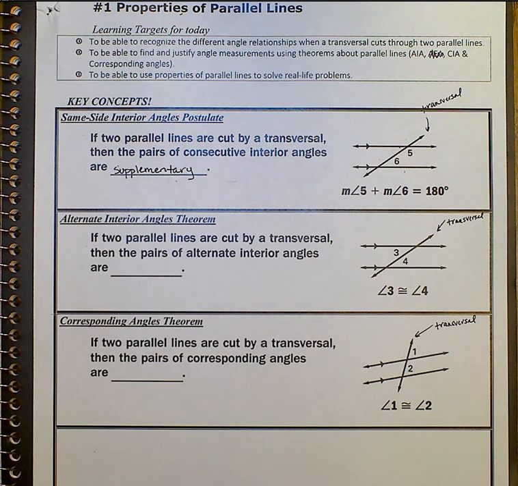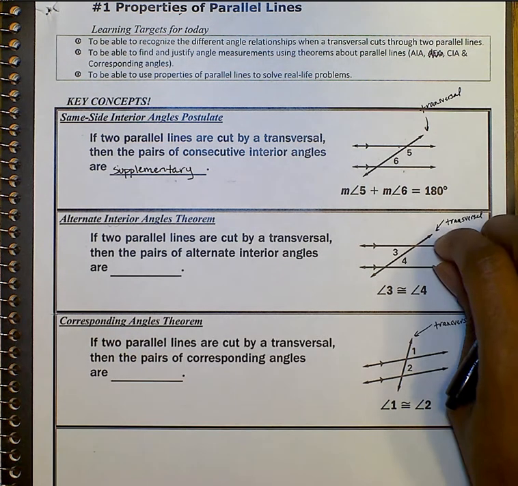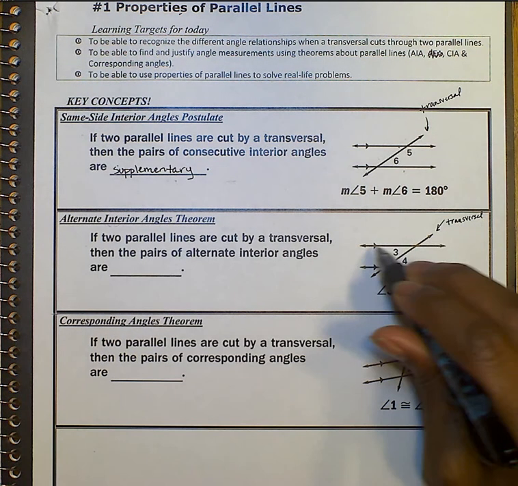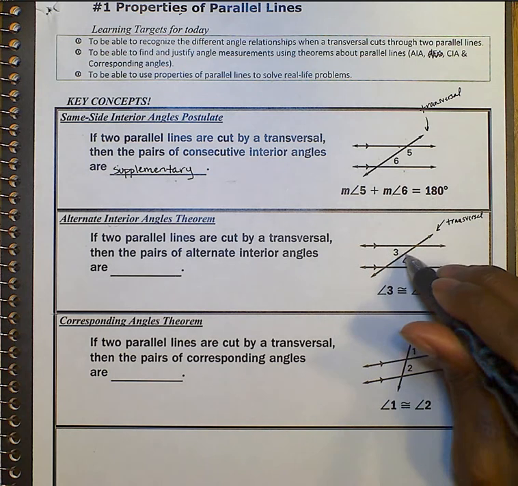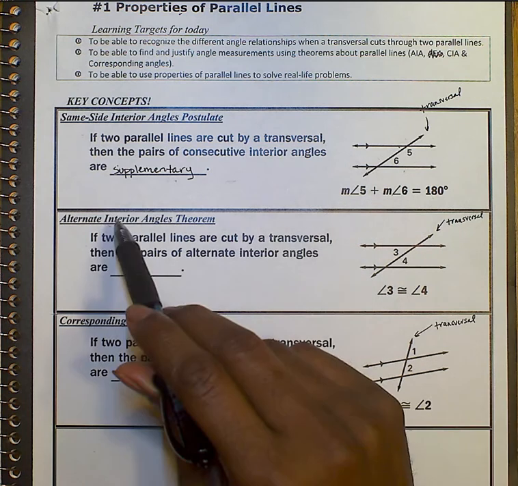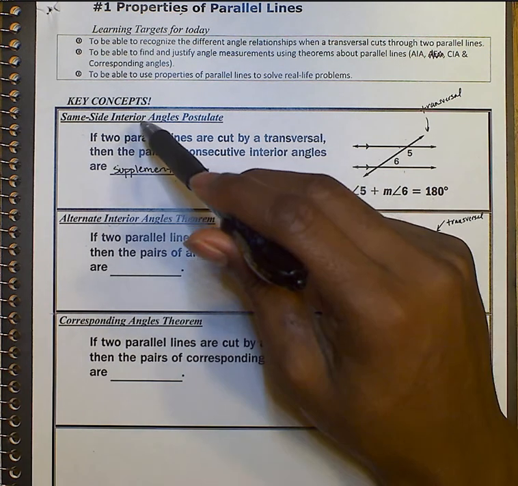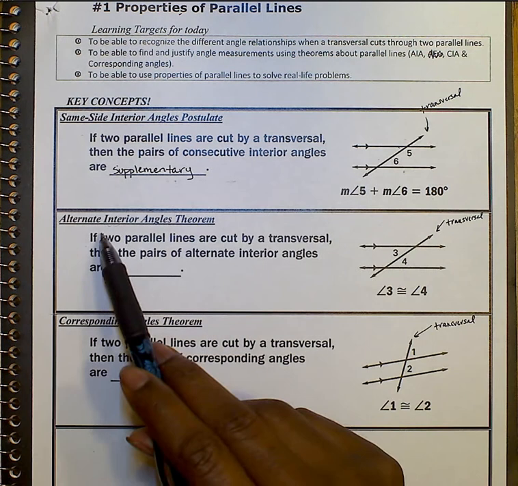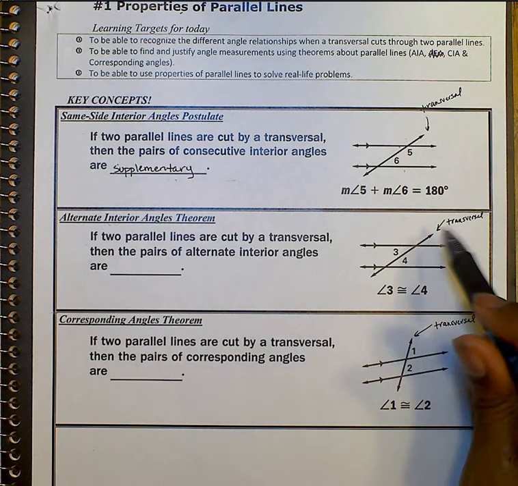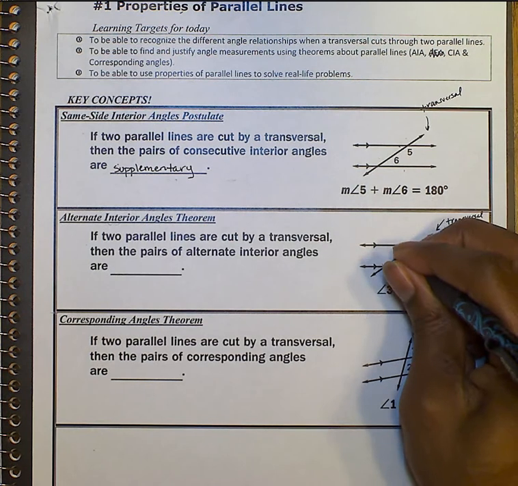Alternate interior angles. Again, this interior is referring to the parallel lines that we're dealing with. Okay, so you have two parallel lines, inside, interior, and then alternate means on alternate sides. So it says same side interior. I guess you could call it alternate sides interior, but it doesn't sound as nice. Okay, so with alternate interior angles, we have angle 3 here, angle 4 here.